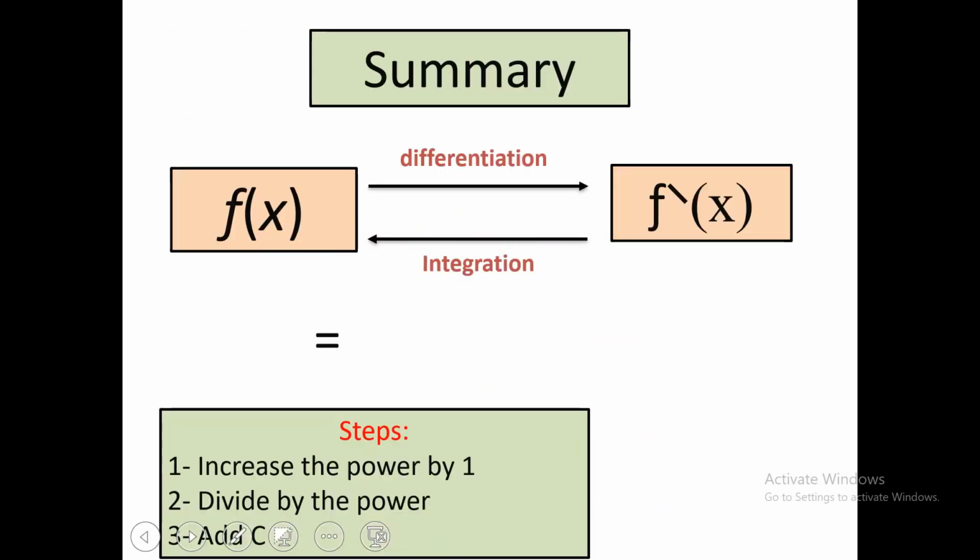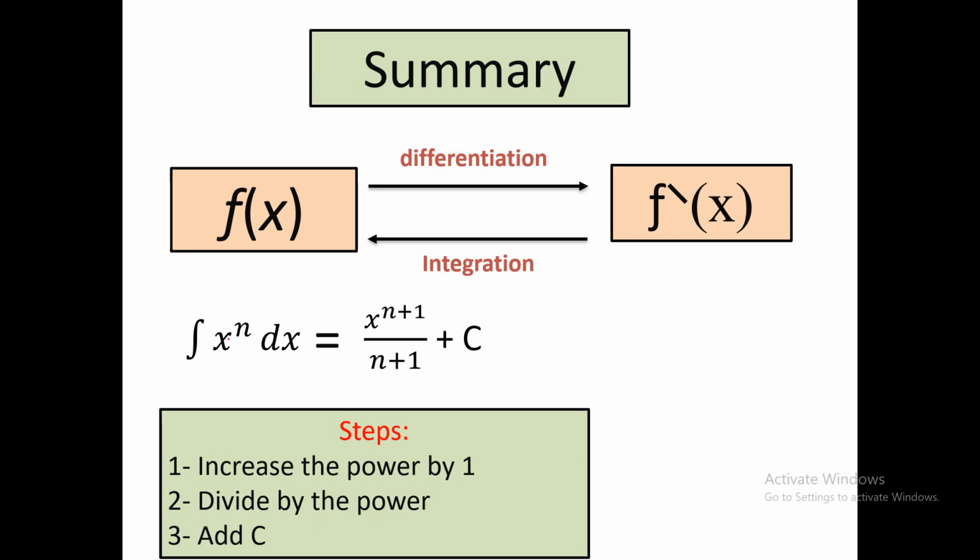Now let's write the summary. What is the summary? If I have a function I can find its derivative. So from f(x), the differentiation will be f dash x, and the inverse operation of derivative is integration. Okay? For example, integrate x power n with respect to x.